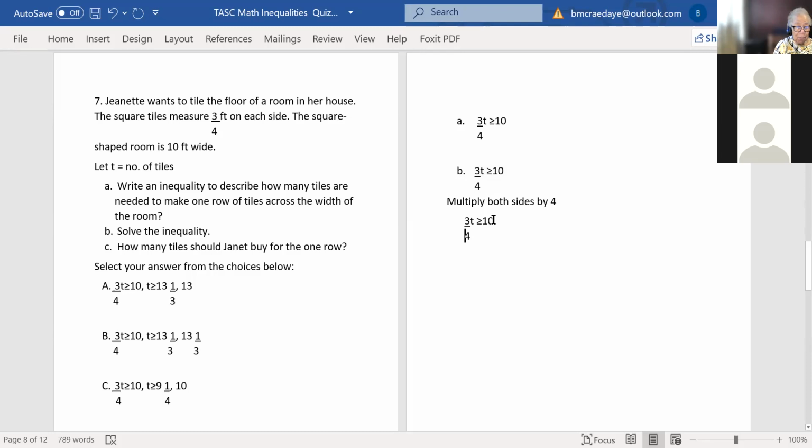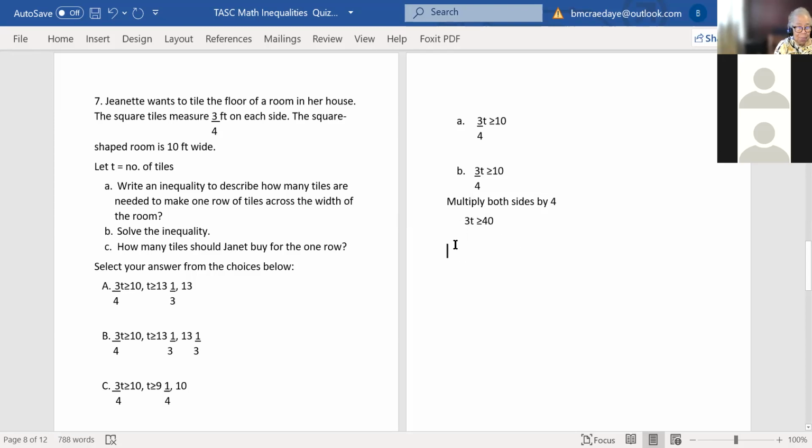So this will be multiply both sides by 4. This will give you 40 on that side, so you'd have 40, and you'd have what left? You just have 3t left.